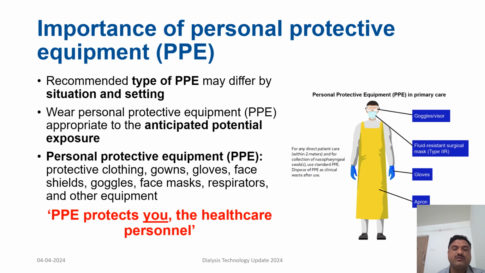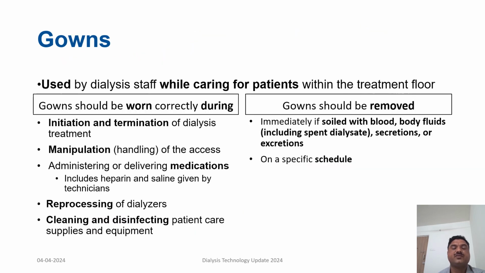Personal protective equipment generally includes protective clothing, gowns, gloves, face shields, goggles, face masks, respirators and other equipment. Personal protective equipment is basically meant to protect you, the healthcare personnel.